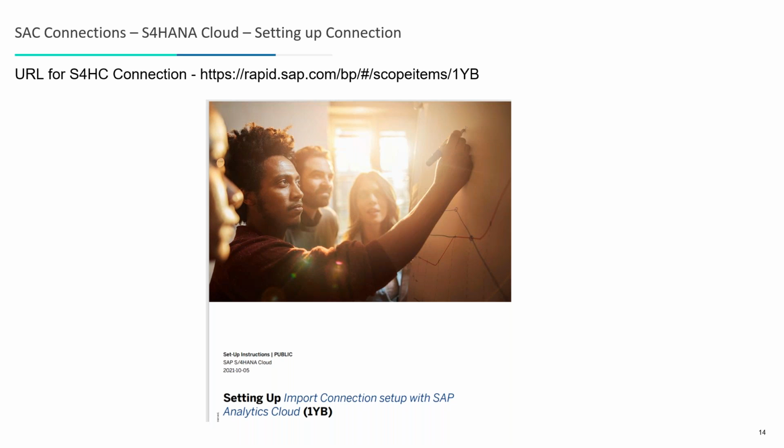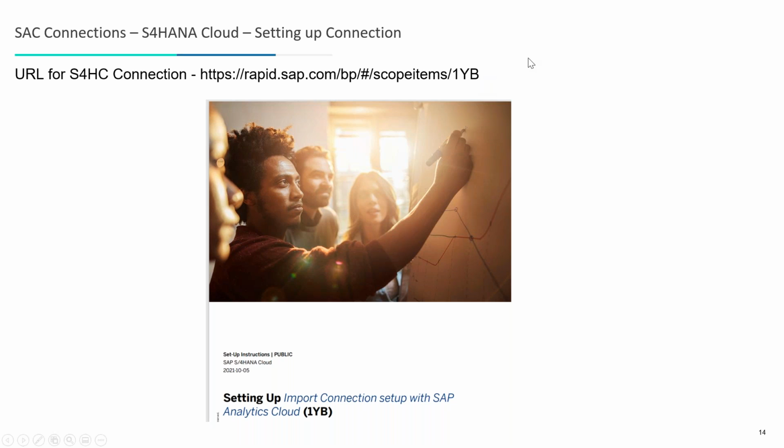So that's really what I'm going to take you to, because a lot of SAC consultants don't have access to S/4HANA. So this is a little bit of a black box for them. So I'm going to show you what it looks like on the S/4HANA side. But if you want to see this documentation for connecting to standard S/4HANA financials data, the scope item is 1YB.